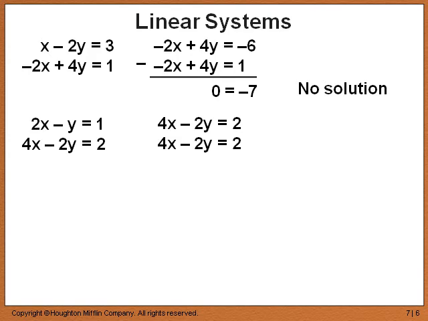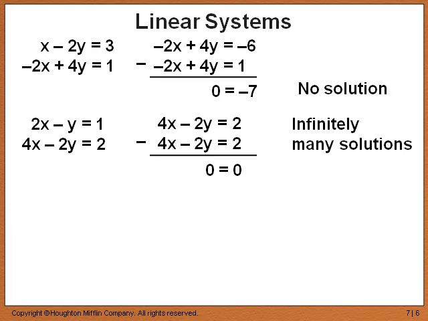So if we multiply that first equation by 2, we end up with 4x minus 2y equals 2, and 4x minus 2y equals 2. These are identical. And if we try to proceed with our method of elimination, we get 0 equals 0. Well, that's always true.